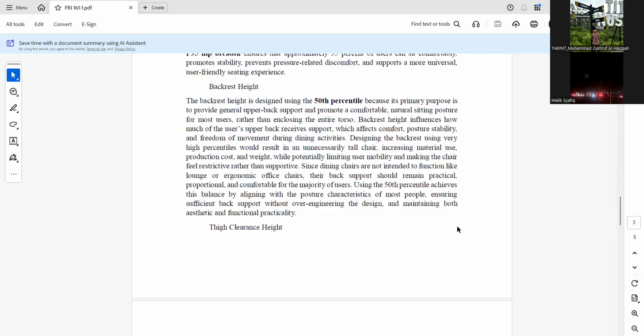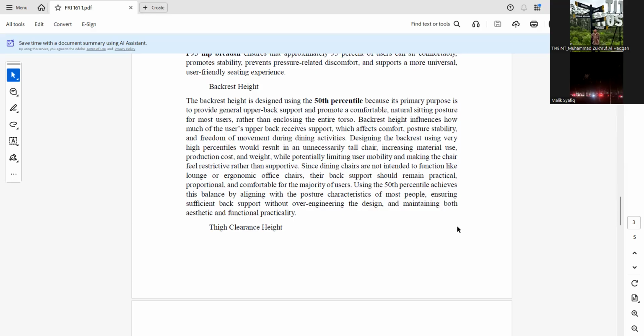If we used the 95th percentile, we're afraid it would make the backrest too tall, causing unnecessary production costs, and it could also make the user feel restricted while sitting on the chair. Therefore, we use the 50th percentile.